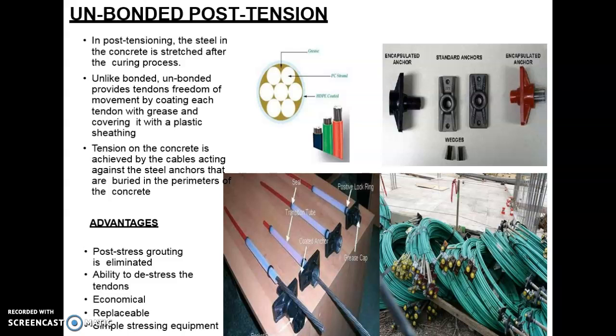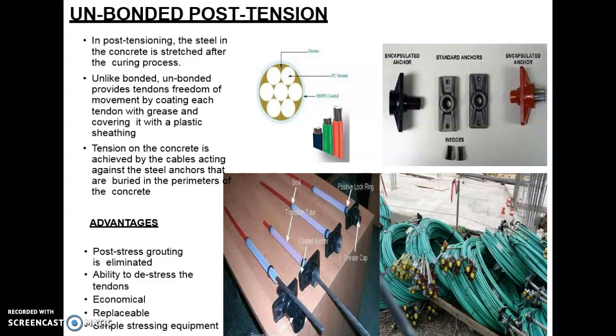Unlike bonded tendons, unbonded provides the tendons freedom of movement by coating each tendon with grease and covering with a plastic sheathing. Tension on the concrete is achieved by the cables acting against the steel anchors that are buried in the perimeters of the concrete.